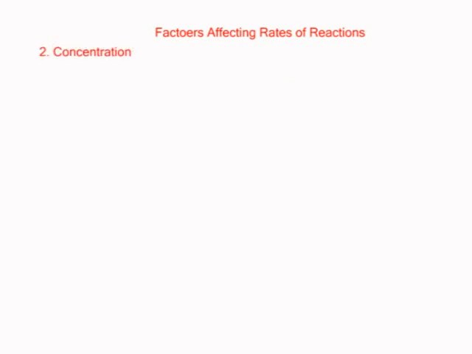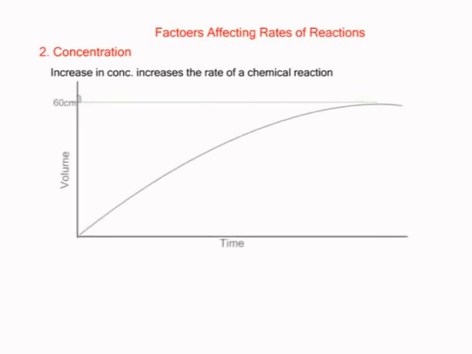Next is concentration. When the concentration of one or both of the reacting species increases, the rate of the reaction also increases. That information can be represented by the following curves. However, the situation is quite different if you increase the concentration of only one of the species.